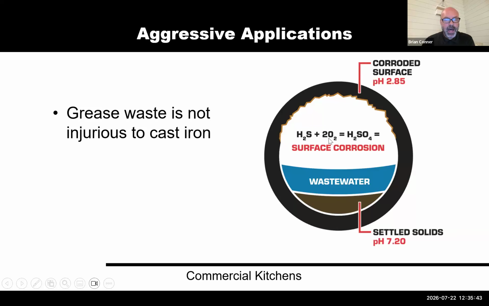Now, mixed with oxygen, this creates sulfuric acid. And as you can imagine, sulfuric acid is very hazardous and corrosive, and it carries a pH range of about 2.85. Now, the condensing of that sulfuric acid can be extremely disruptive to any type of metallic pipe, including cast iron. And this is where we've seen some corrosion in healthcare and in commercial kitchens.